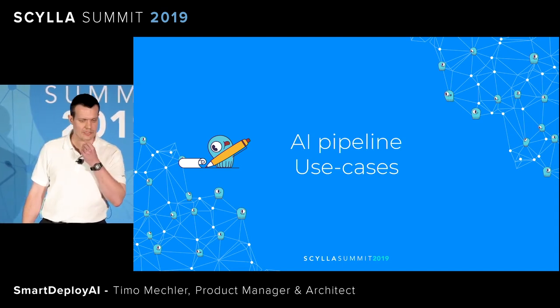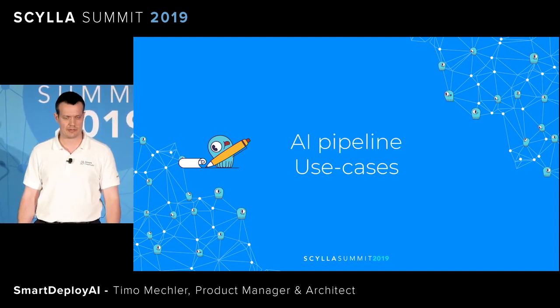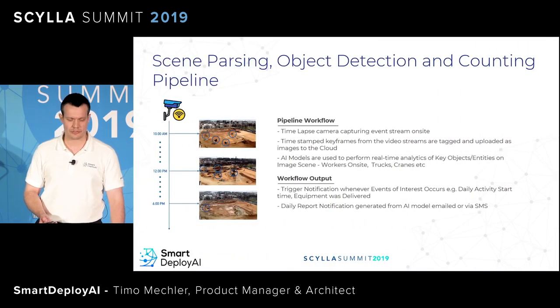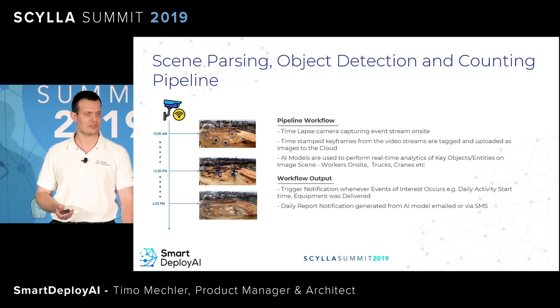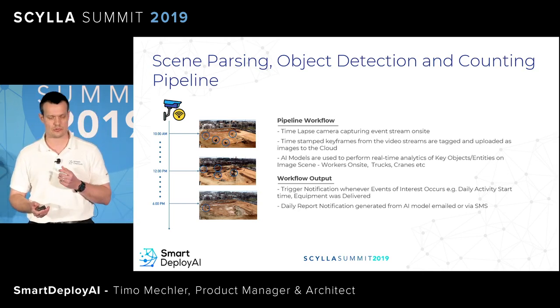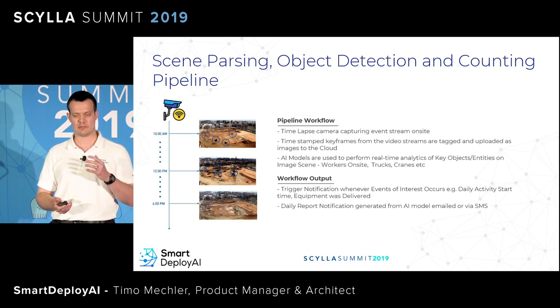I thought I'd take a few minutes just to talk about some interesting use cases that we've actually used the technology for. So to start, the first use case actually involved capturing video streams from remote construction sites, locations, and then being able to use AI and ML to detect objects in those streams.